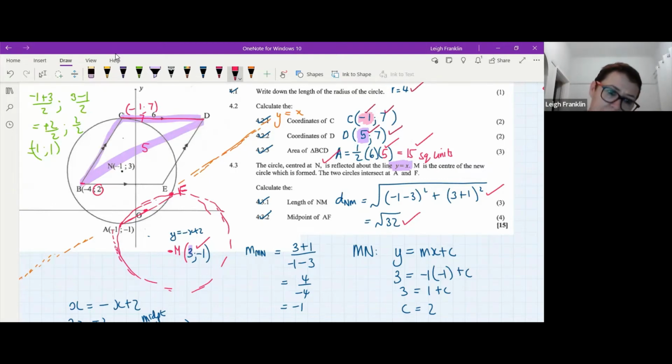What I was saying is that if we connect M and N with a straight line, because this point has been reflected over the line y equals x, the line AF, the line y equals x, has to be perpendicular to it. Okay, so those two have to meet one another at 90 degrees.